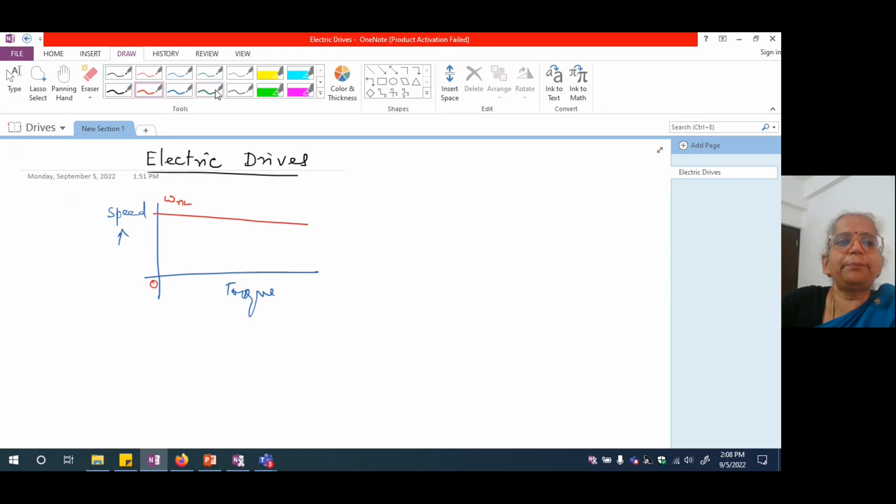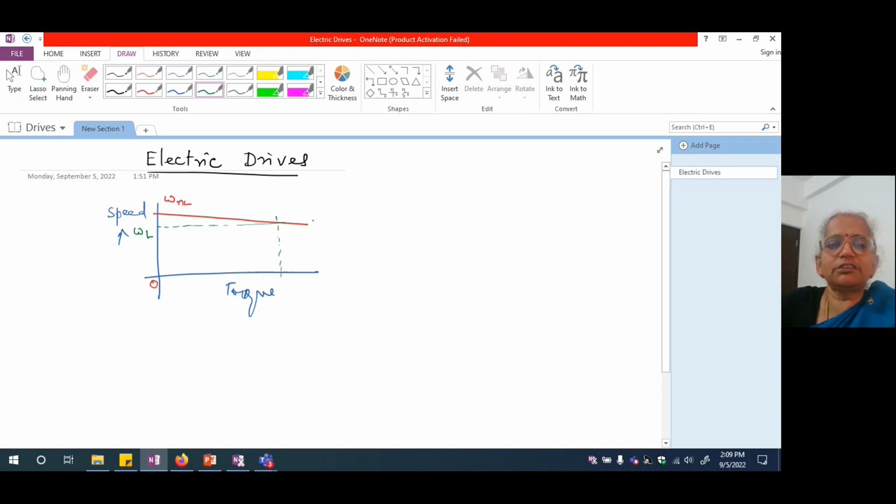And when it is delivering a particular torque at a rated voltage, the speed is going to be the omega load or omega full load. So the speed varies as the torque demanded from the motor keeps on changing.